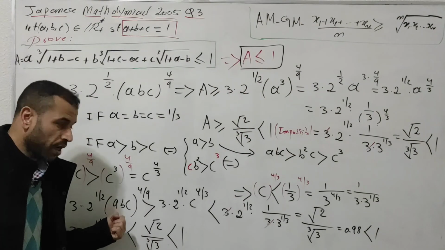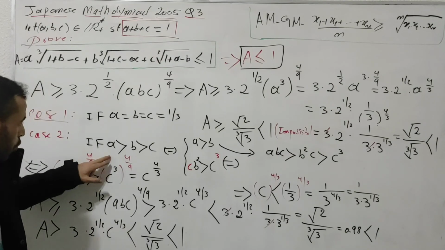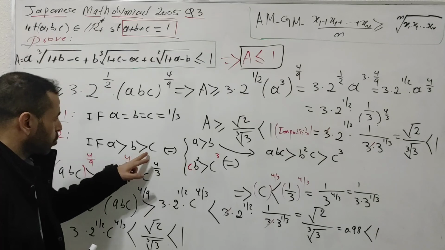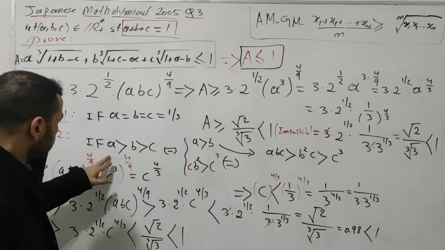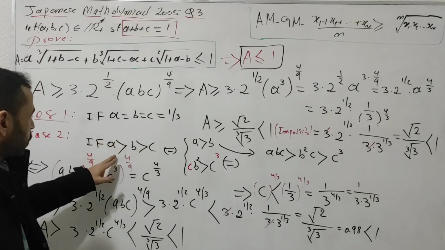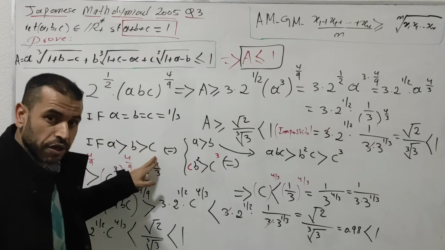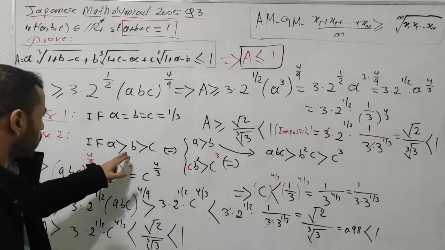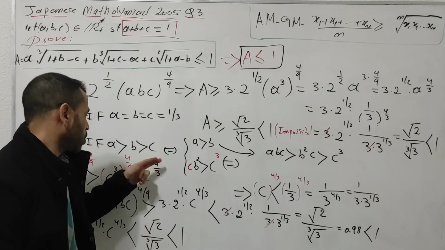But we are not done yet, because we were working on this condition when you have A strictly superior than B, strictly superior than C. But there are other cases when you have C strictly superior than B strictly superior than A. And then a third case, when you have B strictly superior than A and strictly superior than C, or whatever.